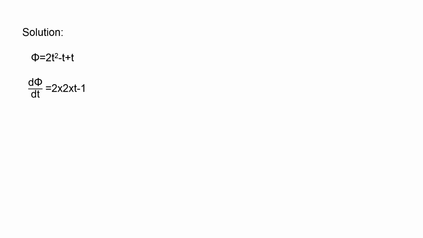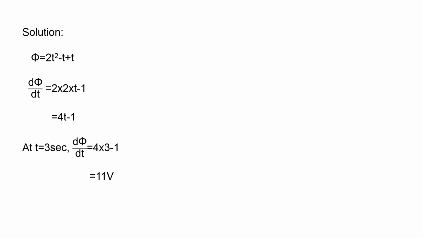Differentiation of t square, that is 2 into t to the power 2 minus 1, that gives t to the power 1, minus t. Differentiation of t means 1 into t to the power 1 minus 1, t to the power 0 means 1. So d phi by dt is 2 into 2, 4 into t minus 1. That gives 4t minus 1.